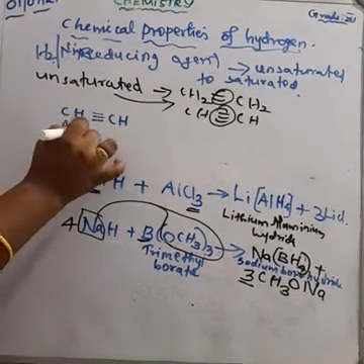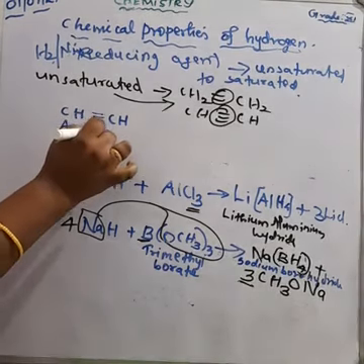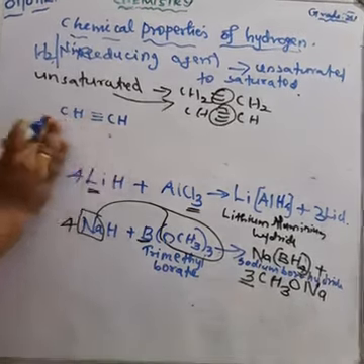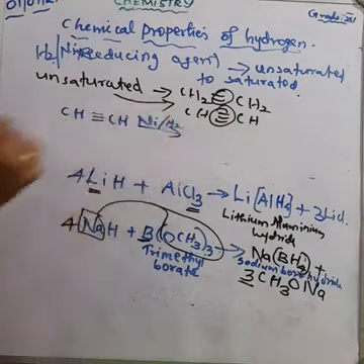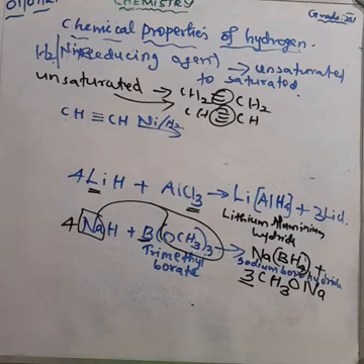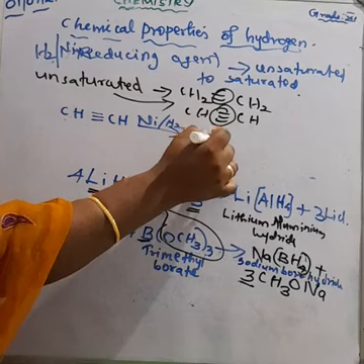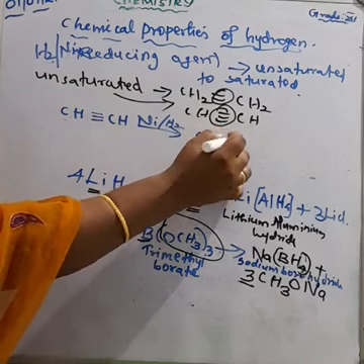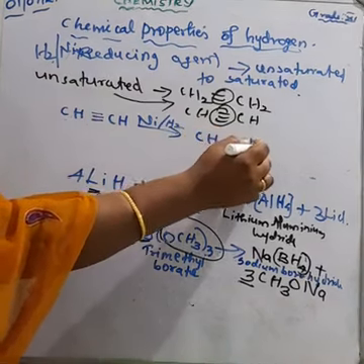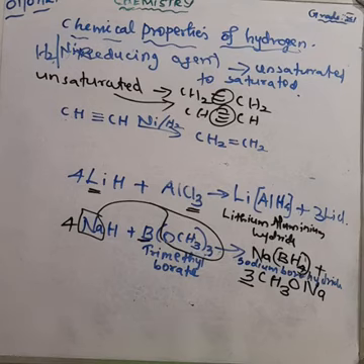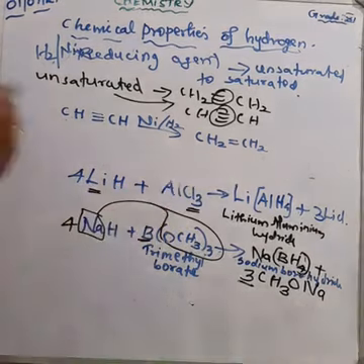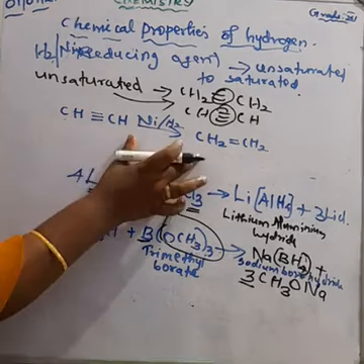So acetylene, when reduced with finely divided nickel and hydrogen, forms ethylene. What is the formula for ethylene? CH2 double bond CH2. So which reaction takes place here?